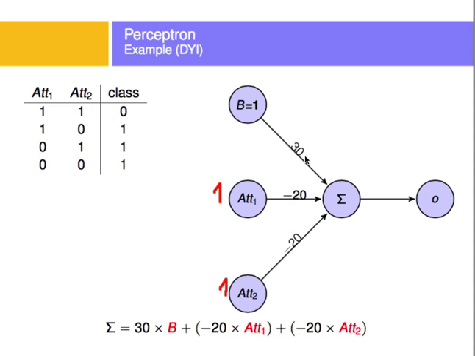So 1 times 30, that's 30. I'm going to put 30 here. Plus 1 times negative 20, that's negative 20. And then 1 times negative 20 is again plus negative 20.